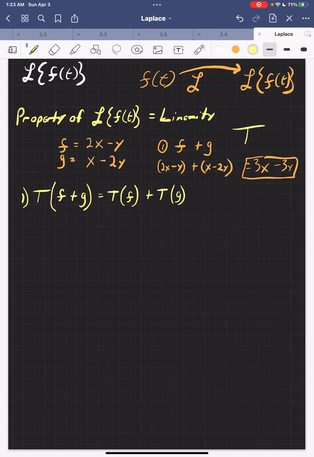In other words, this simply means the transformation of the sum is equal to the sum of the transformations.